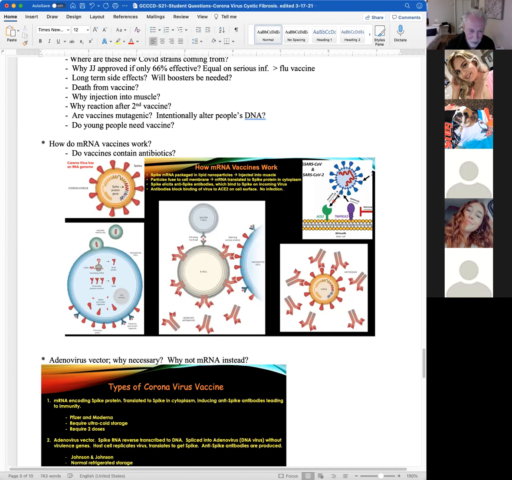Spike protein, in order to get into the cell, has to bind to this receptor, ACE2, and then it gets taken into the cell. Now, if the spike protein is bound up with antibody molecules, it can't bind to ACE2. That's what the red X is for. It says no binding occurs, no infection. So that's why these mRNA vaccines are so effective.